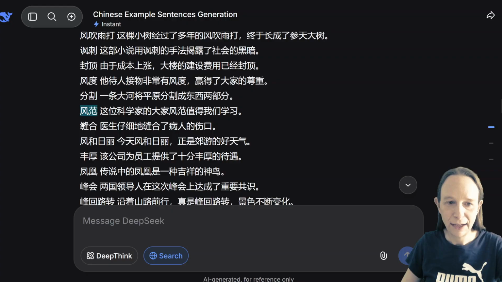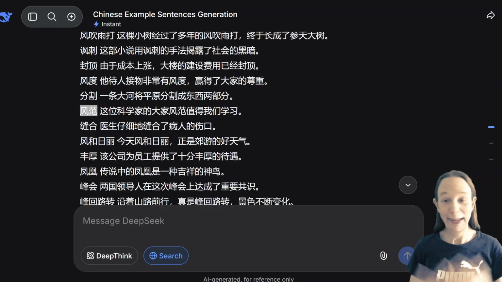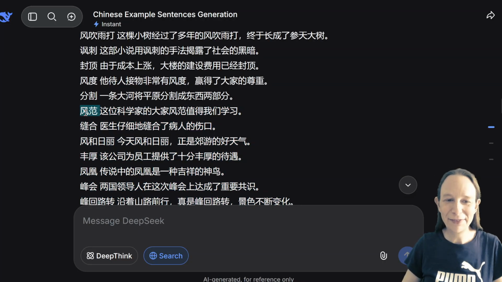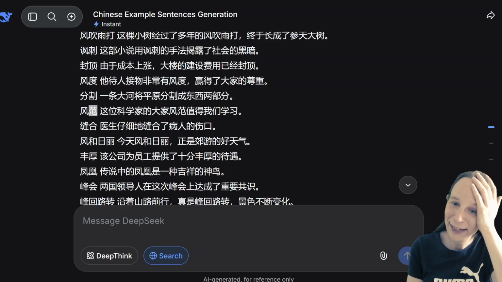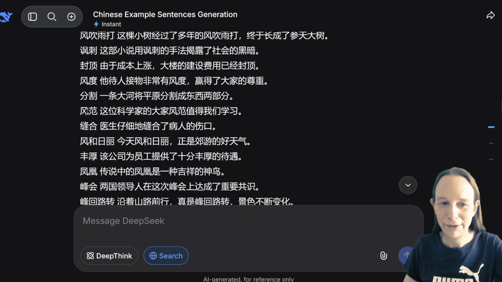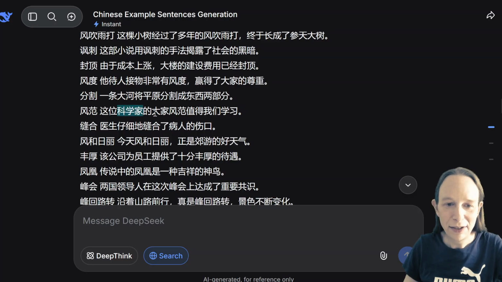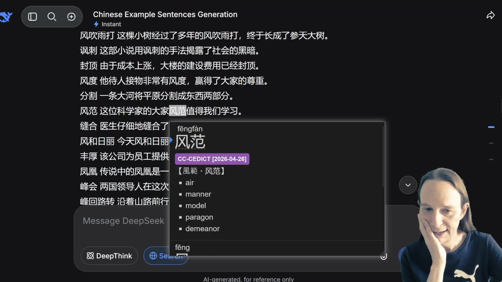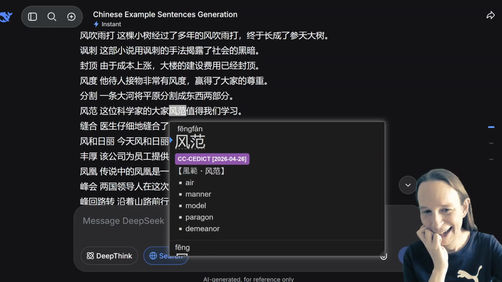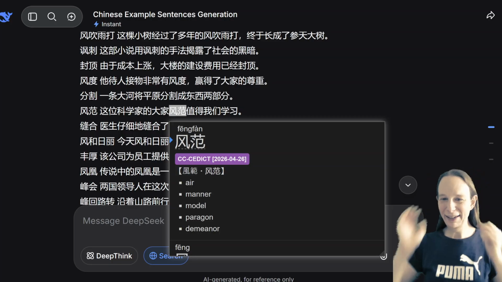All right. 风范. So we've seen lots of abstract things like 风度. I presume it's in that family of words. 范 we've seen in 模范, like it pertains to role models and things like this. So 风范, I'm not 100% sure. 这位科学家的大家风范，值得我们学习。Just added to this family of 风度.